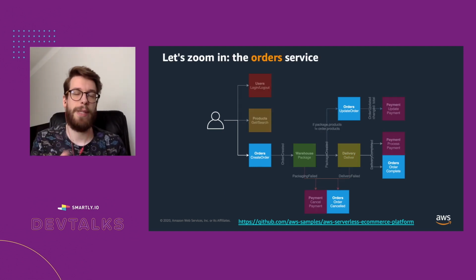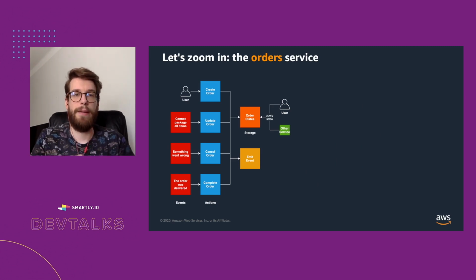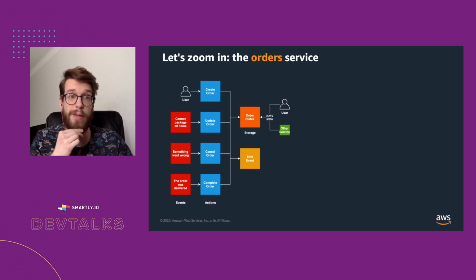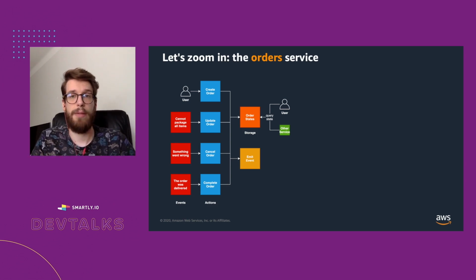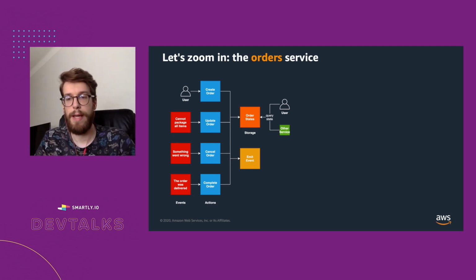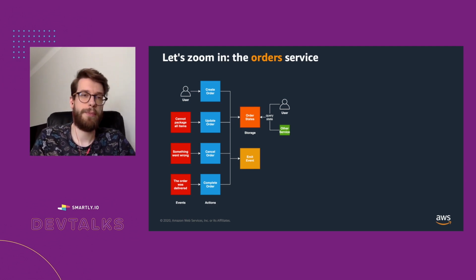But if we start zooming in a bit into one service, so let's look at the order service, and I'm just going to reorder a bit the flow here. So there are a few different things here. So there's the events, so that can be user creating an order. That can be that we could not package all the items, could be something went wrong, or the order was delivered, it was fulfilled. This should trigger an action from the order service.